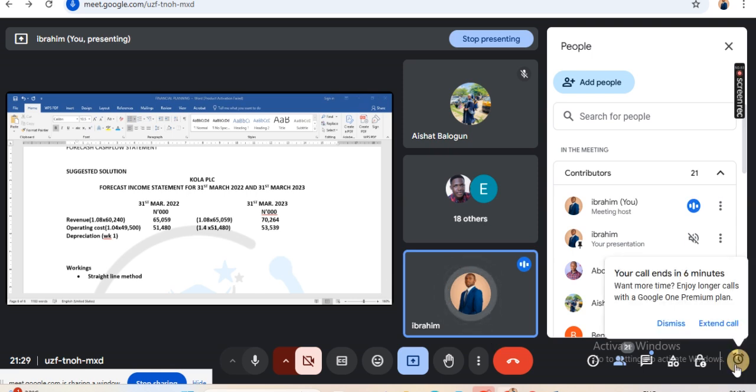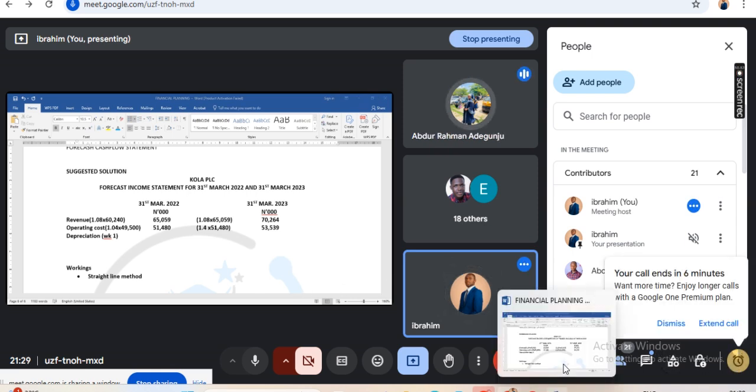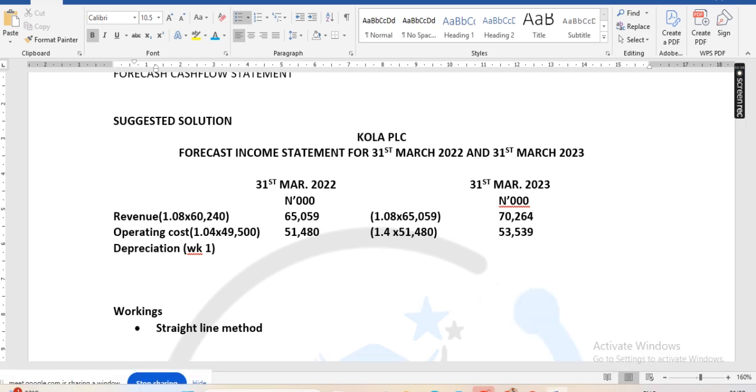Cost minus residual value, divided by the number of years. The cost of the asset is 8 million. Since we are putting 1,000 here, we can put 8,000, or you use the 8 million, minus the residual value of 1 million from the question, divided by the number of years.